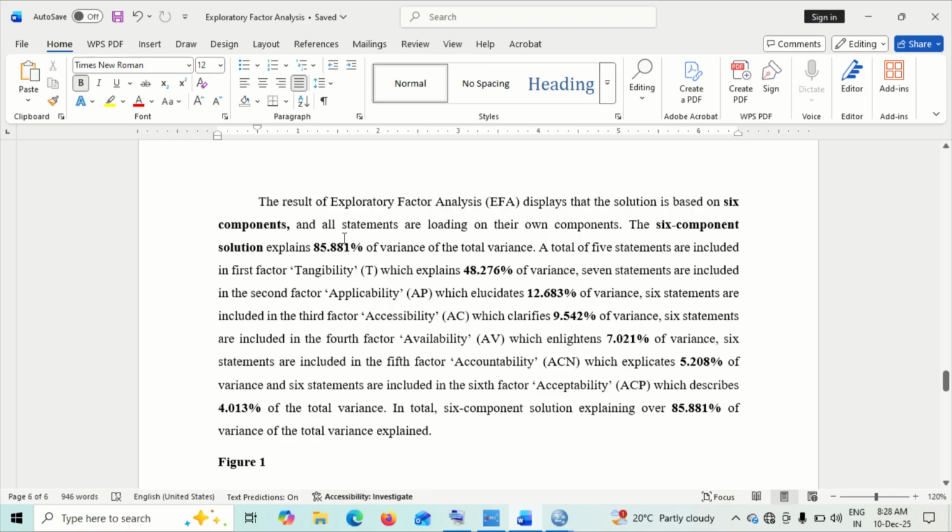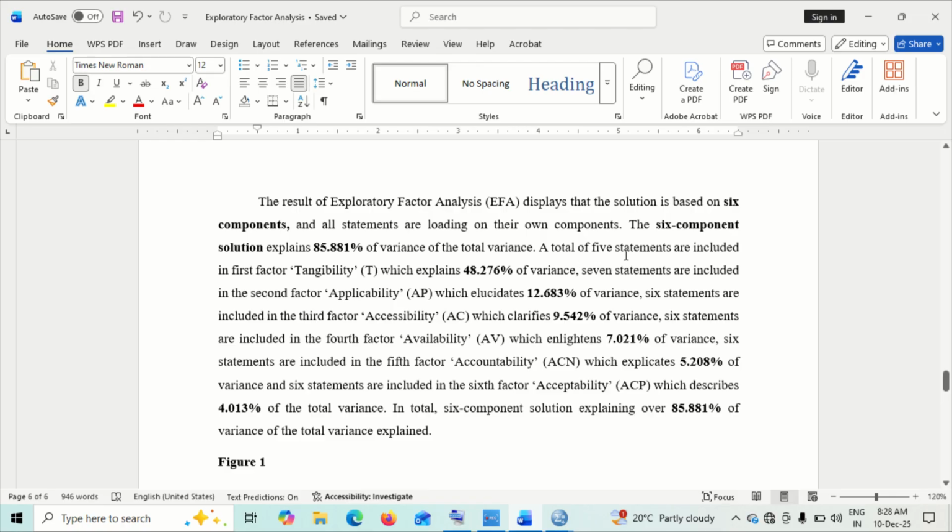Here we have looked for the interpretation. The result of exploratory factor analysis displayed that the solution is based on 6 components, and all the statements are loading on their components. The 6 component solution explains 85.881% of the total variance of adoption level.